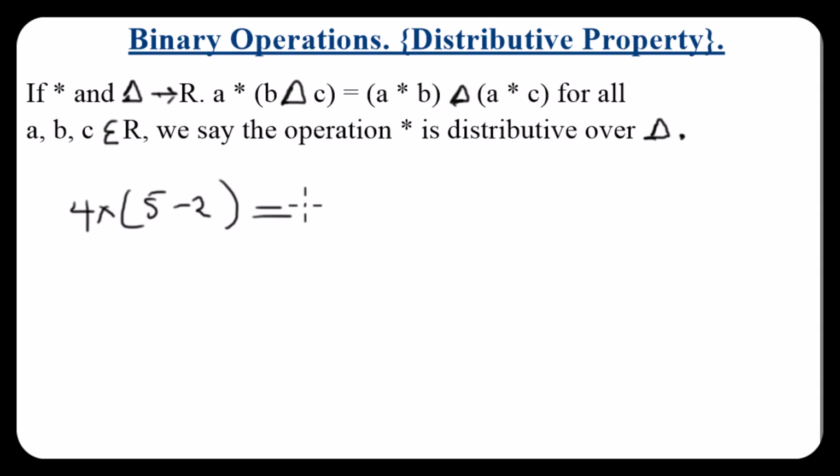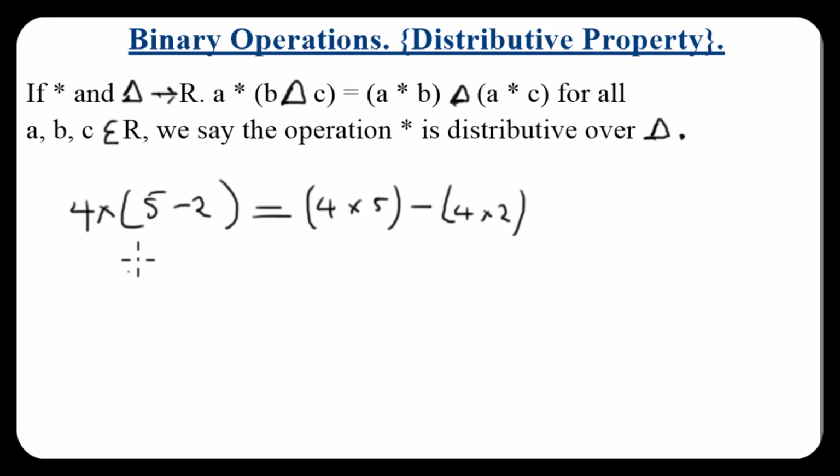For this to be distributive, I must be able to take 4 times 5, then minus 4 times 2. If these two are equal, then we can say that multiplication is also distributive over subtraction.